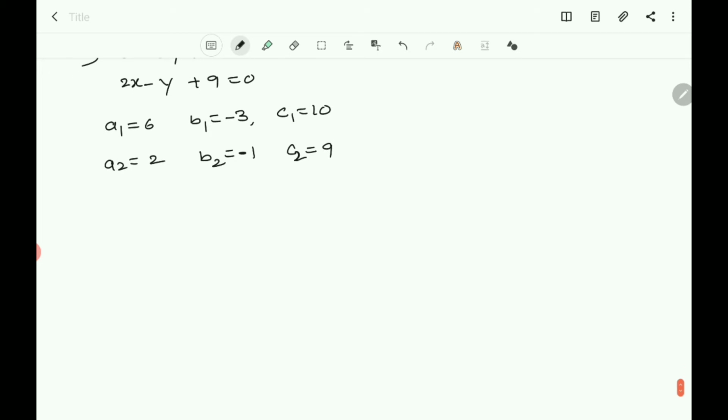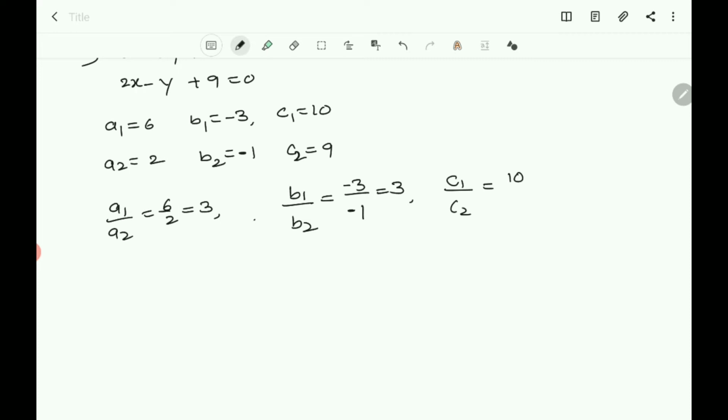Find a1 by a2. a1 by a2, that is 6 by 2 is equal to 3 you got. Next b1 by b2. So you got minus 3 by minus 1, that is also 3 here. Next c1 by c2, that is 10 by 9.